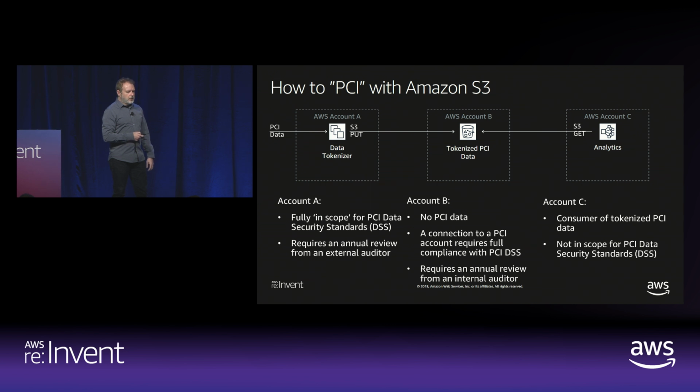So we've got something in account A that's pulling in data, and maybe it's a data tokenizer. Tokenization is this process where you take something like a credit card account number and you convert it into some other identifier that is meaningless in the marketplace. So if it leaked, it wouldn't mean anything outside of our company.